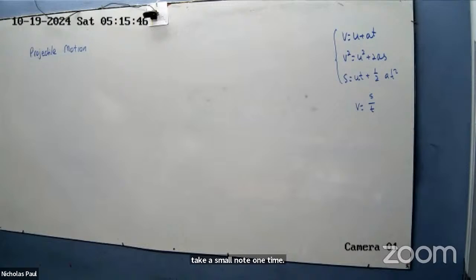Projectile motion refers to the motion of an object that is thrown or projected into the air, affected only by what?